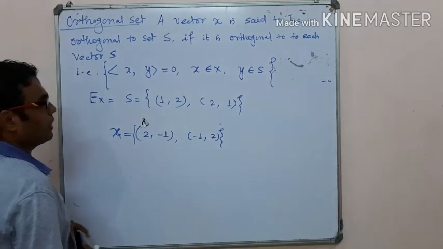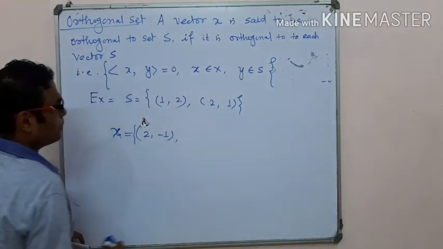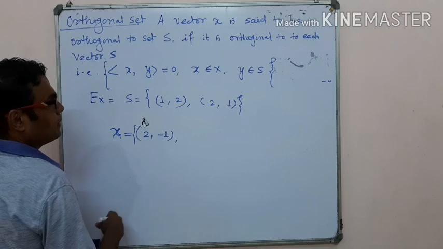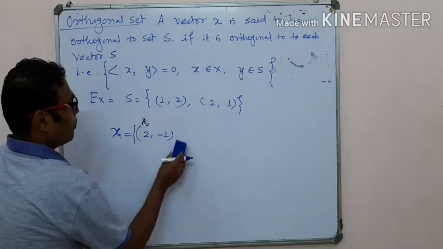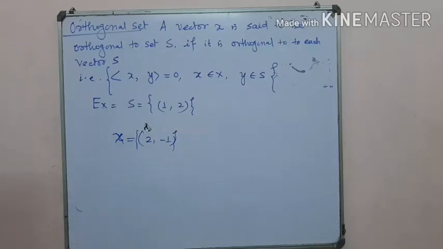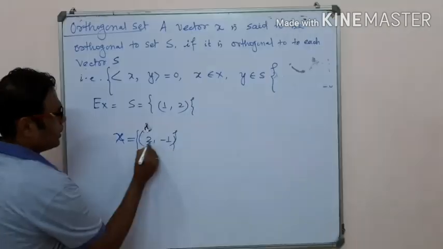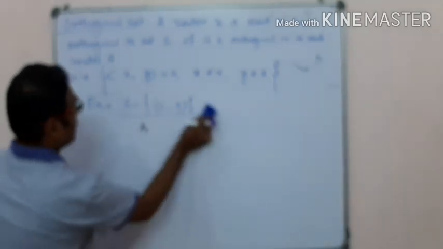Now we consider this example, x is equal to (2, -1). Then we observe that the inner product of x comma y is equal to 0, so we say that S is an orthogonal set here. Now we come to the next article, orthogonal complement.